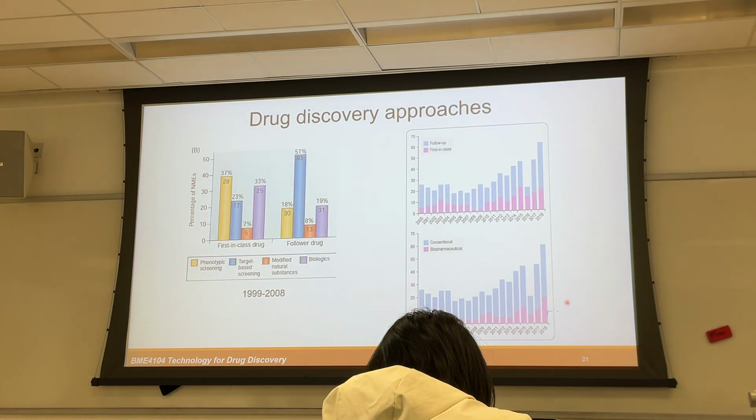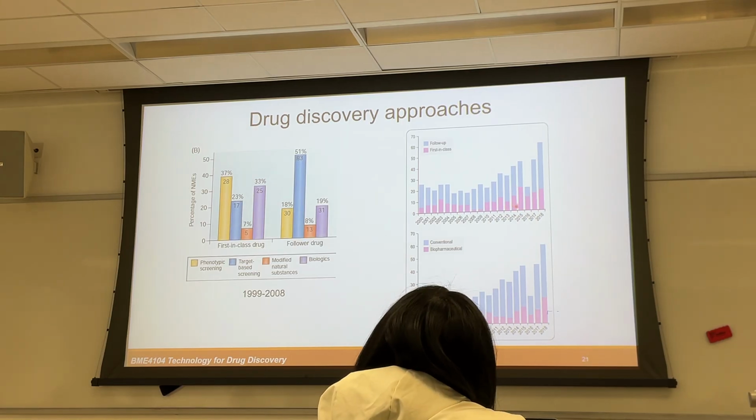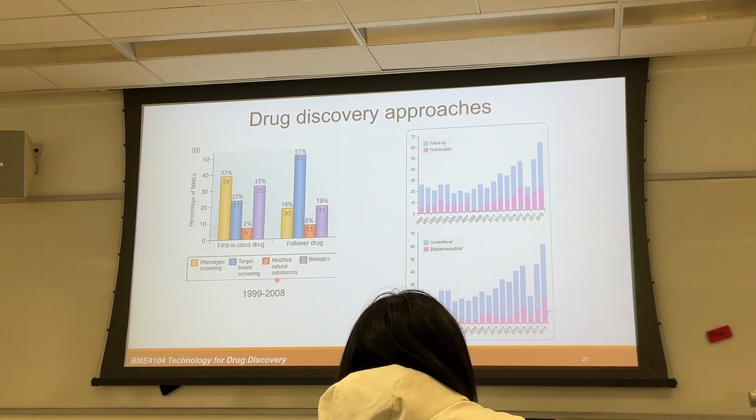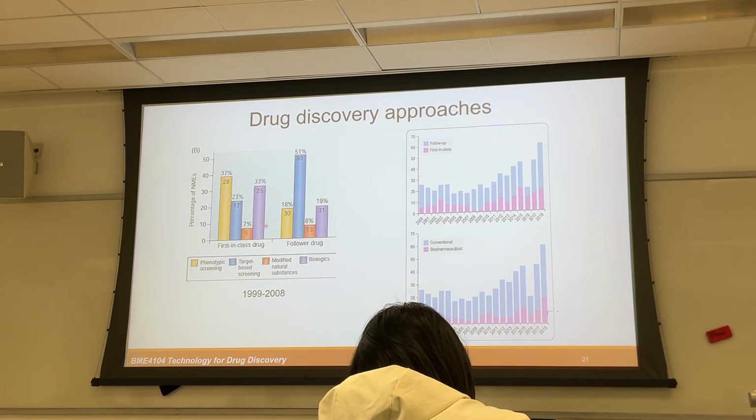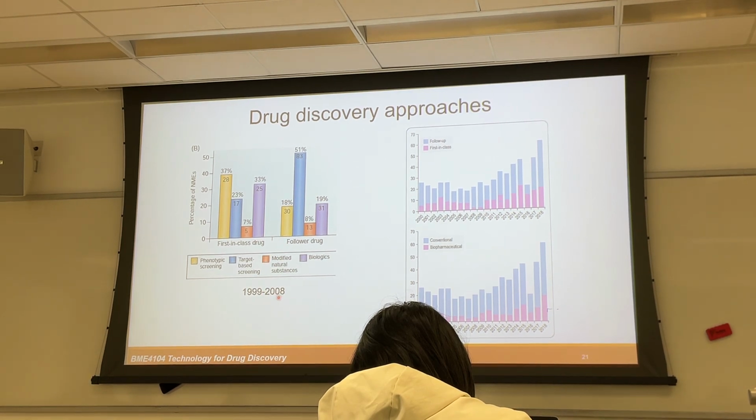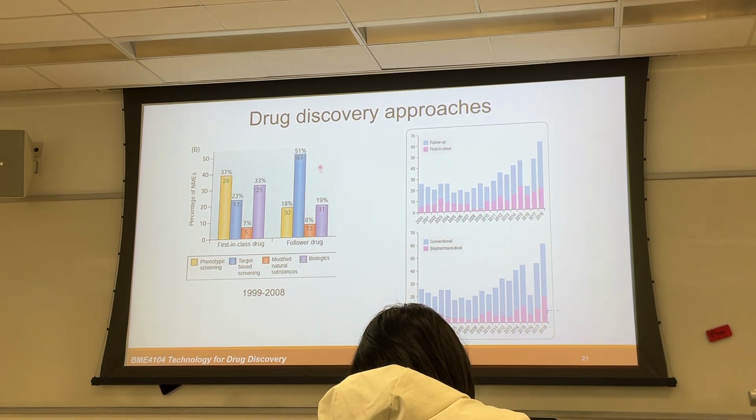Okay, so here are some statistics of these different types of drugs and different types of discovery approaches. This is the statistics from 1999 to 2008, which I just copied from a book.